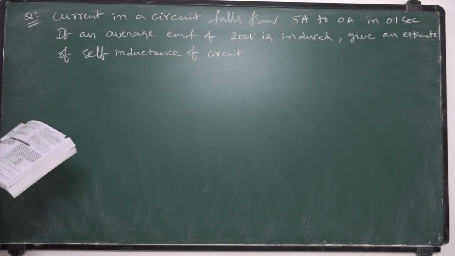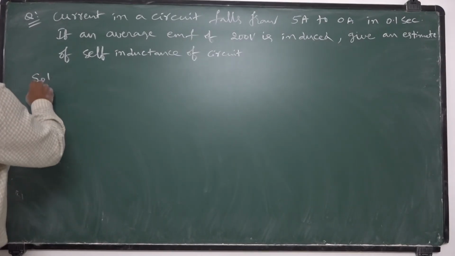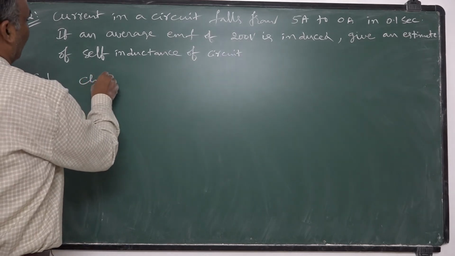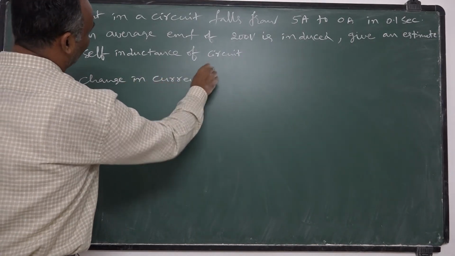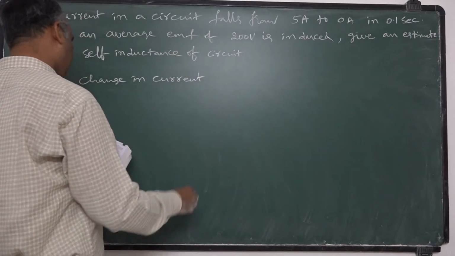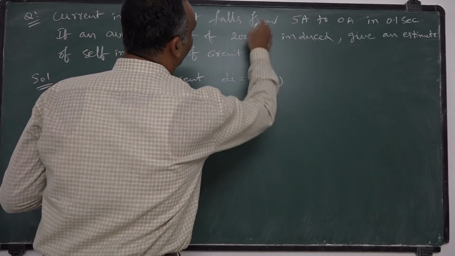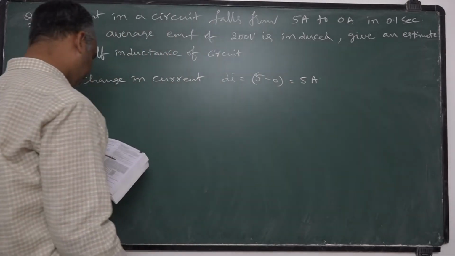Now let us see the solution. As per the given question, the current is going to change its value. Change in current is given by di, 5 minus 0. Initial current is 5, final current is 0. That is 5 amperes.